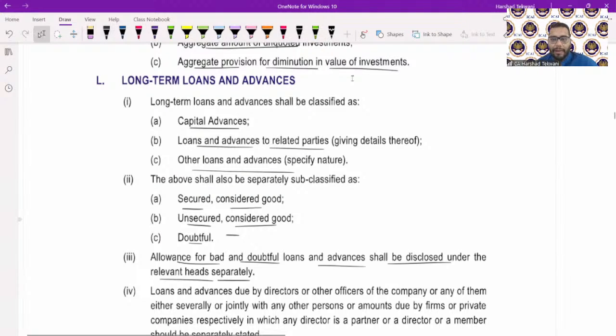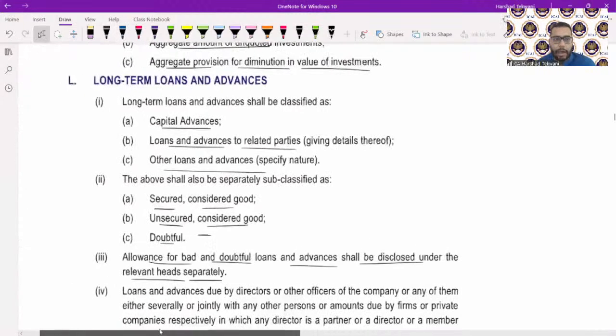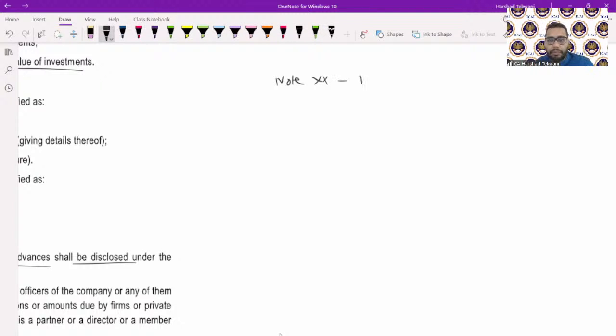Okay, here is how they are disclosed in the notes to accounts. Let's say this is the particular note we are discussing, long-term loans and advances, note number XX as of now.